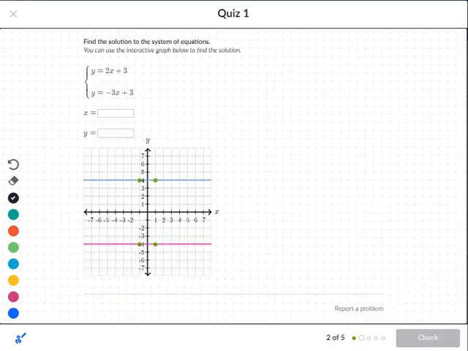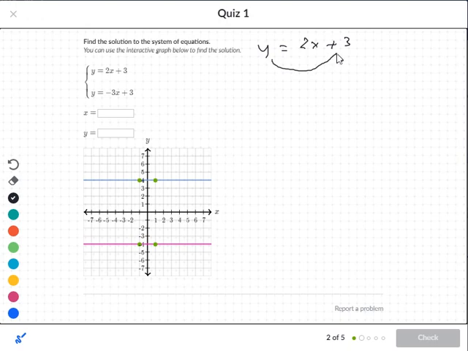Okay, next question. We have a graph here, so we want to break down these equations of the line. On the equation of the line, you have y is equal to 2x plus 3.